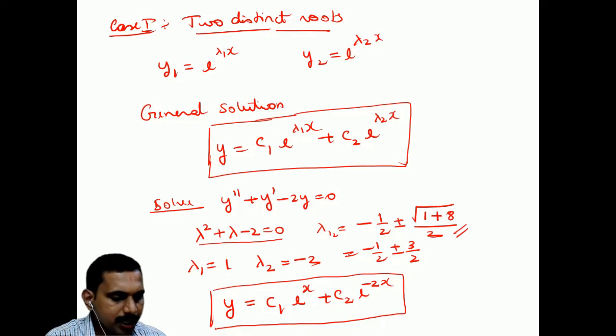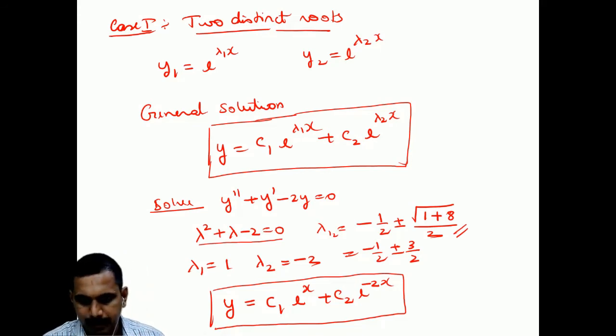Next, let us see if there is double root, then what happens. You see the way I am going, students, I am going step by step, slowly building up the concepts. I am not doing a lot of theorems and all those things. It becomes difficult. We engineers want applications, is it not?